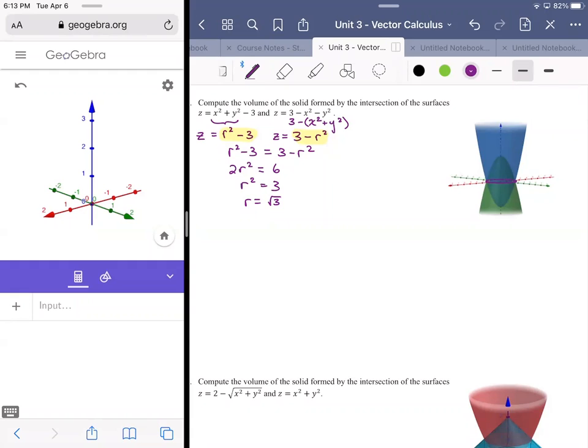So if we find the volume contained between the upper function, the one that's facing downward, z equals 3 minus r squared, and the XY plane between 0 and radical 3, we would just have to double that. The other way of handling it would be to find the volume contained from the upper function down and subtract from that the volume contained from the bottom function.